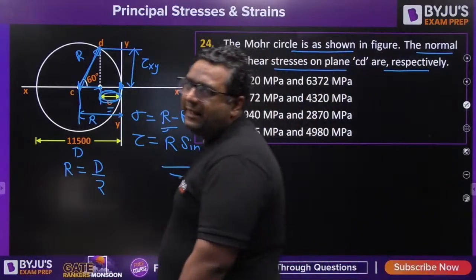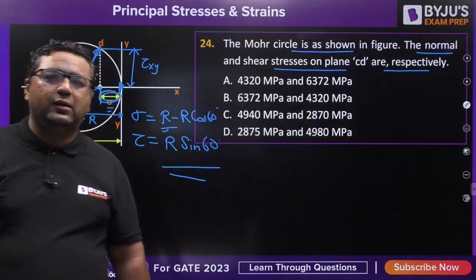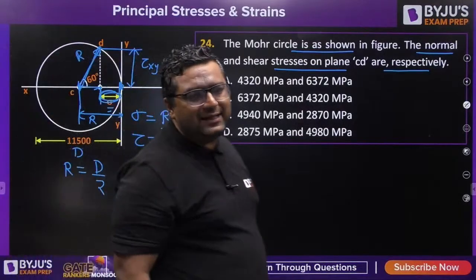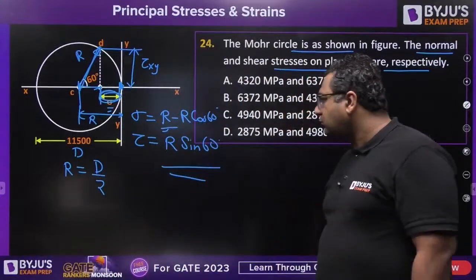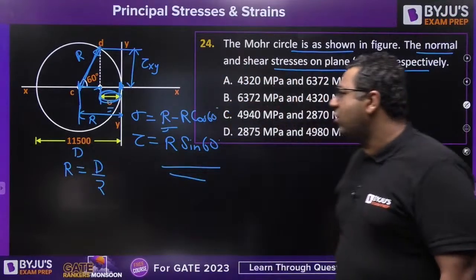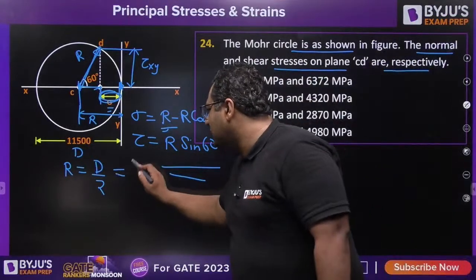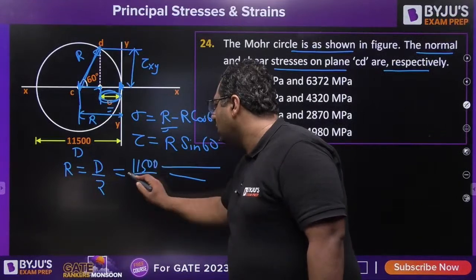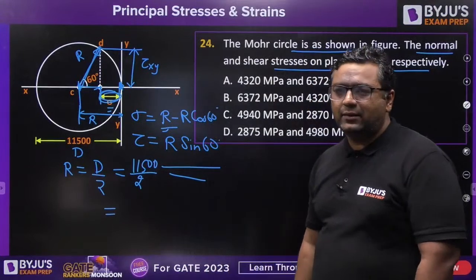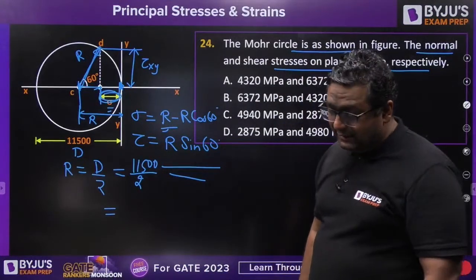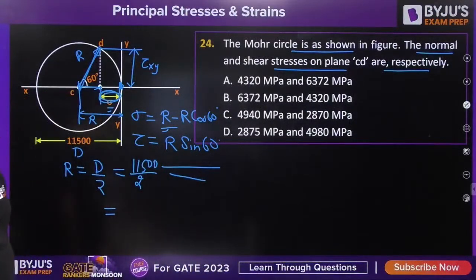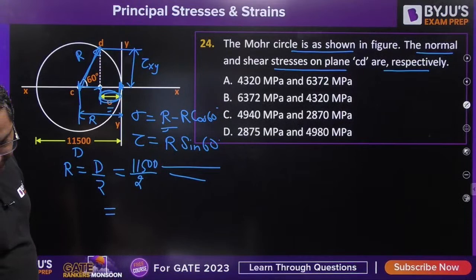So Abhishek is saying D, Ravi is saying C, Bhavya is saying D. What would be the answer, guys? So radius is going to be 1 by 2 of this. So it is 11,500 divided by 2. Yes. Some are saying C, some are saying D. Okay, let me check the answer in that case. So when you will be solving this, what would be the answer coming?